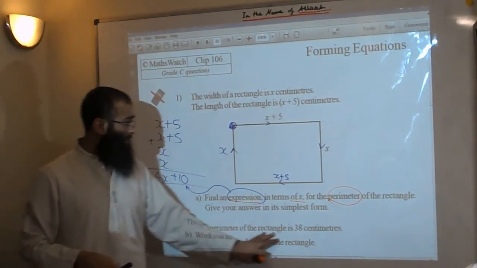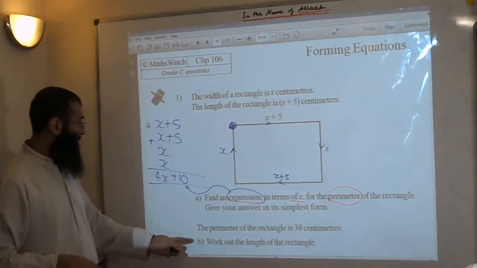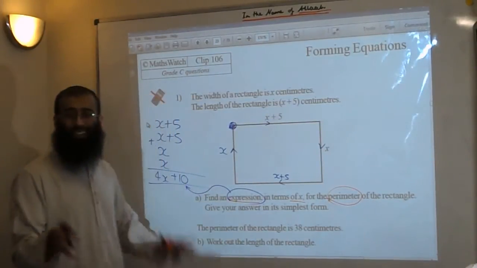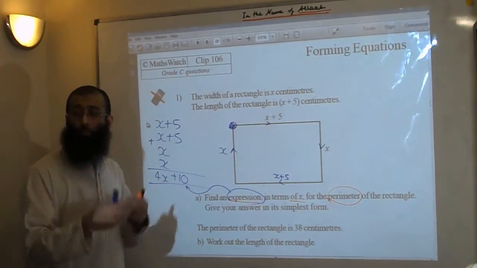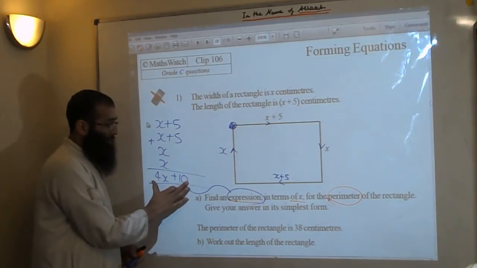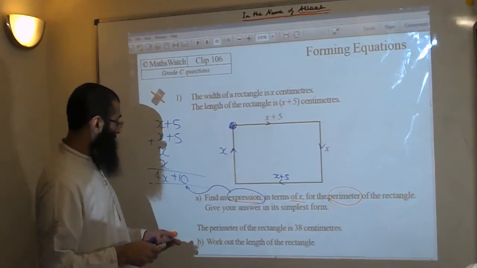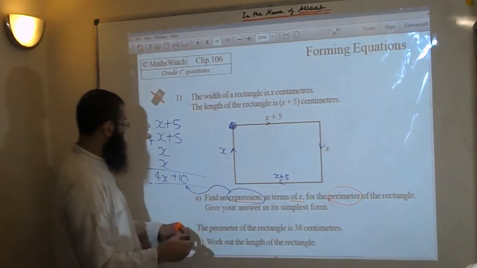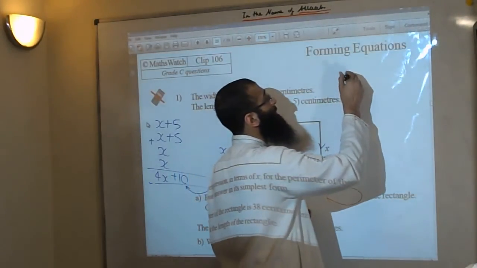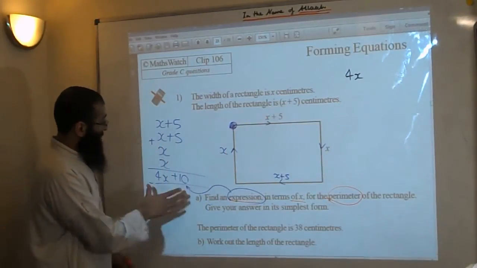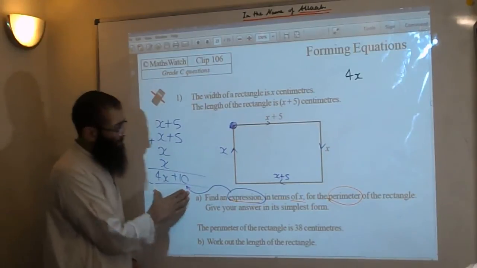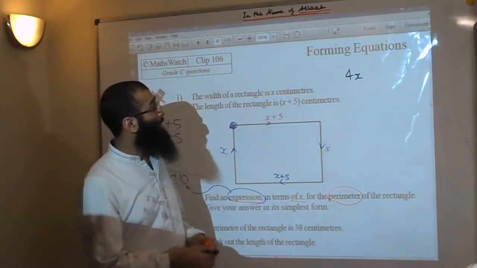The perimeter of the rectangle is 38 centimeters. Work out the length of the rectangle. For this next part, this expression becomes an equation when we make it equal to something. So this is an expression for perimeter. Now what we're going to do is make this equal to 38. So this expression is now going to become an equation.